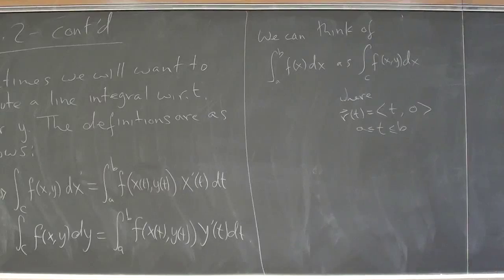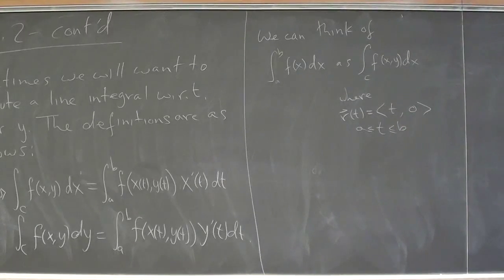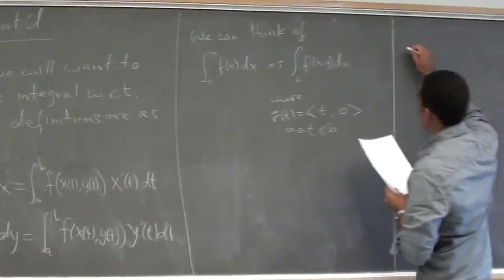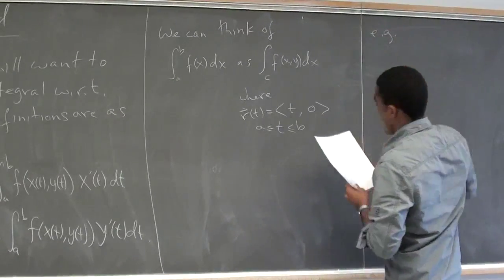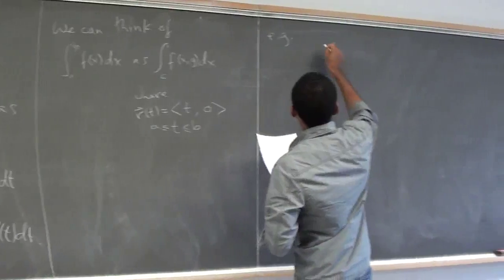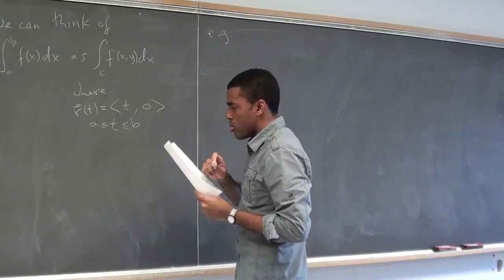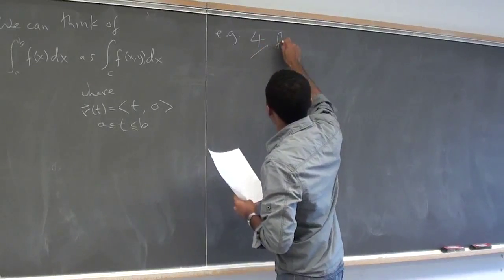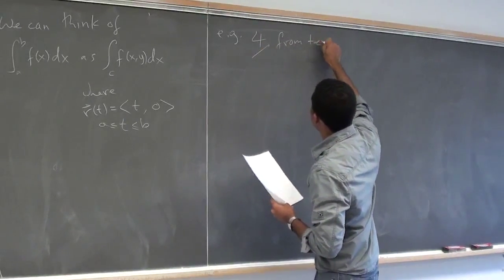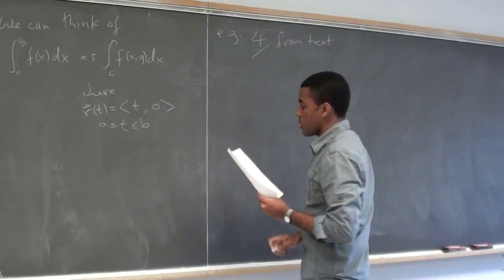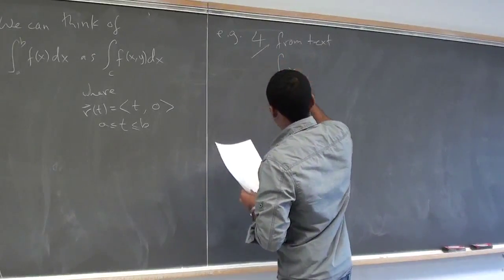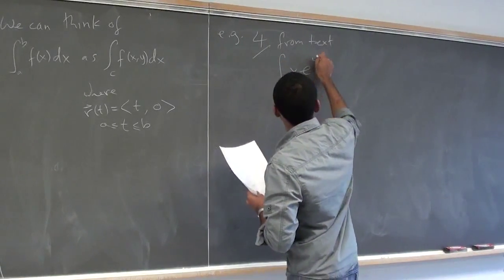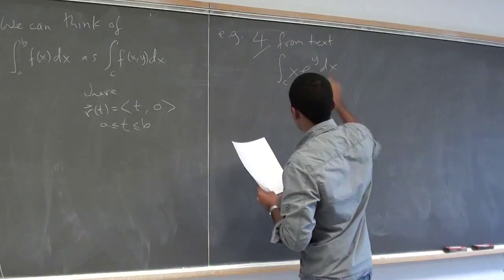And that's how we do it with respect to the x or y component, and now let's do some examples. Let's say I wanted to compute, and this is actually a problem from your textbook, problem 4 in the section: the integral along C of x e to the y dx.